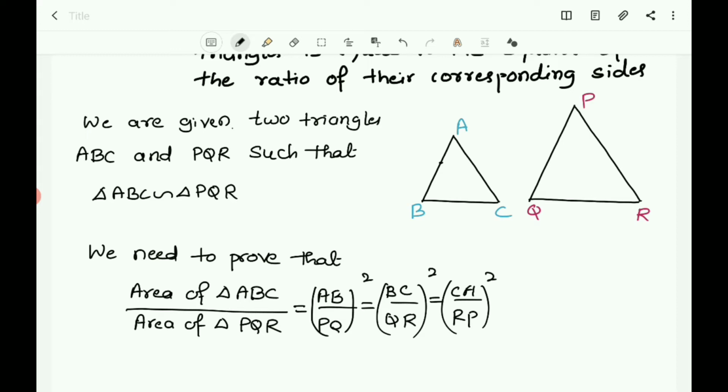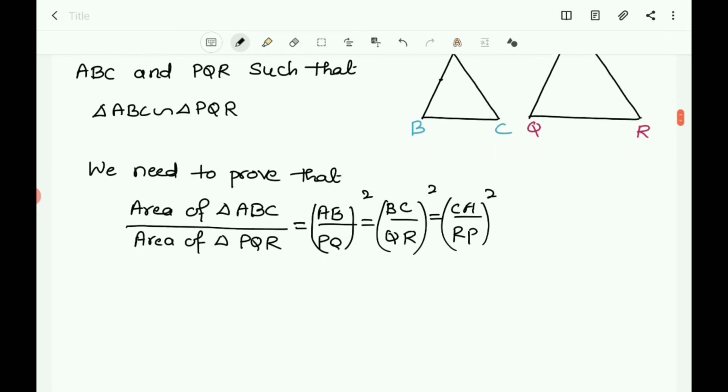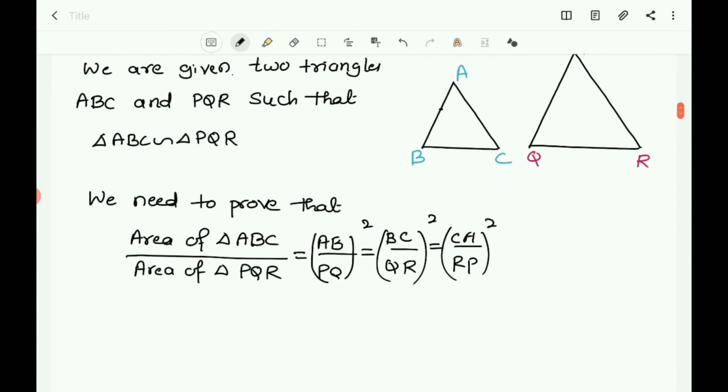And to prove this, here you must take the formula for the area of the triangle. You know the formula to find the area of the triangle? That is, area of triangle is equal to half into B into H. So you take area of triangle ABC here.